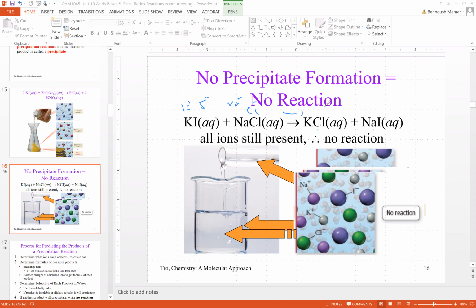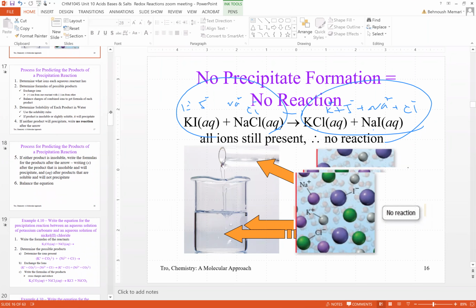On the product side, you also have potassium ion, iodide ion, sodium ion, and chloride ion. You start with a mixture of four ions and end up with a mixture of four ions. That means there's no reaction. A reaction takes place if there is a change in composition or a new compound is forming.